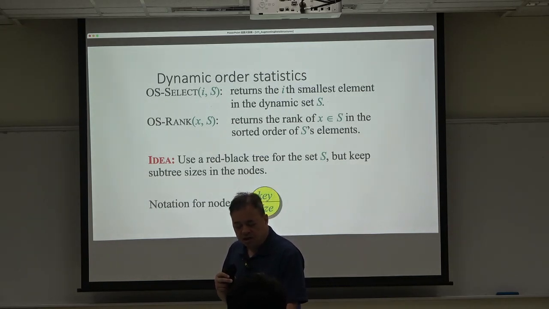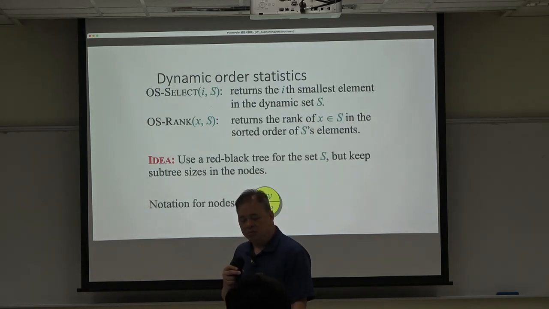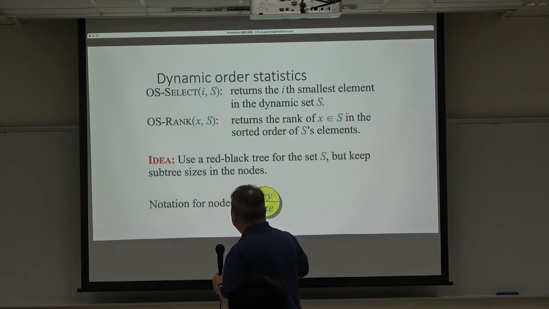And we know that for a red-black tree, the maintenance and construction, the analysis, or the cost, is similar to a binary search tree anyway. So it would be nice if we can use a red-black tree for this dynamic order statistics purpose.